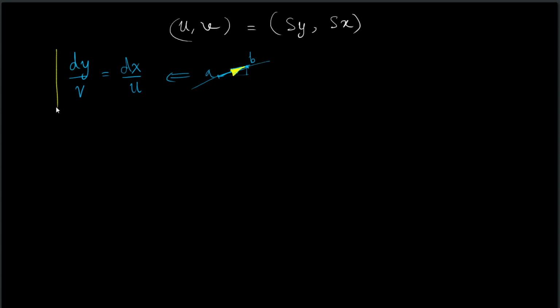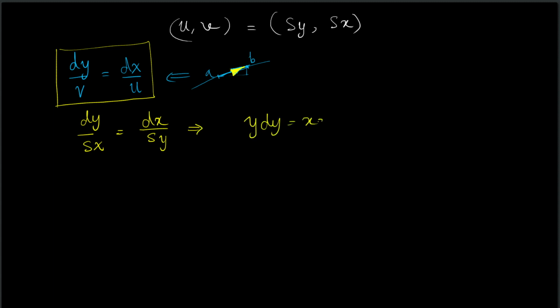So this is the mathematical equation which quantifies that particular fact, and thus we have dy upon v equal to dx upon u, where v in this case is s times x and u is s times y. This essentially implies y dy is equal to x dx.